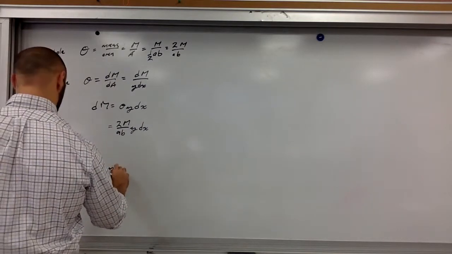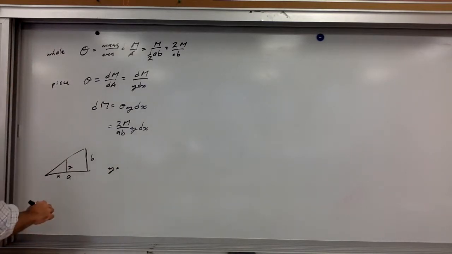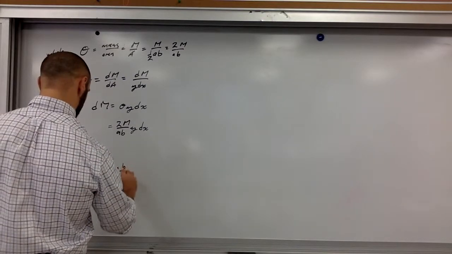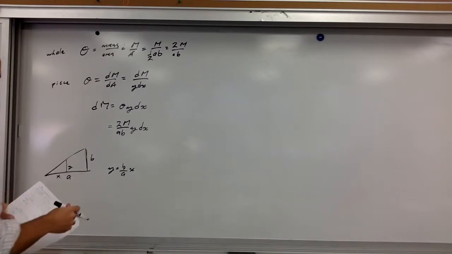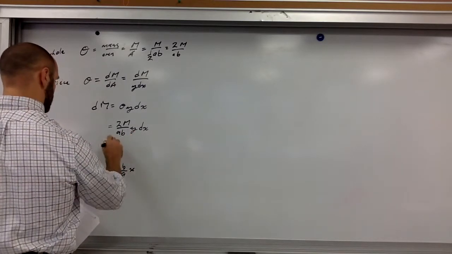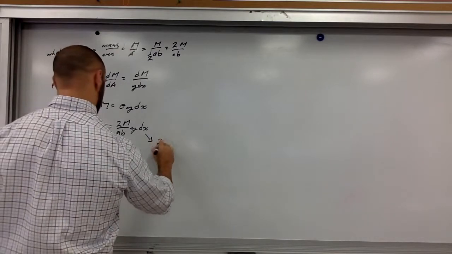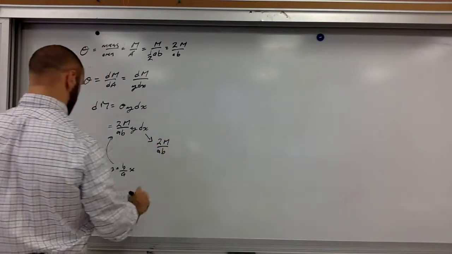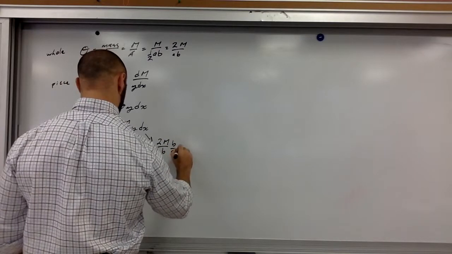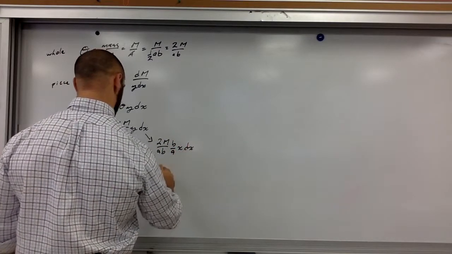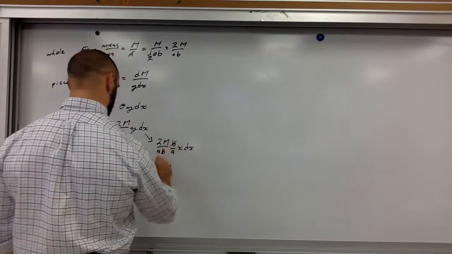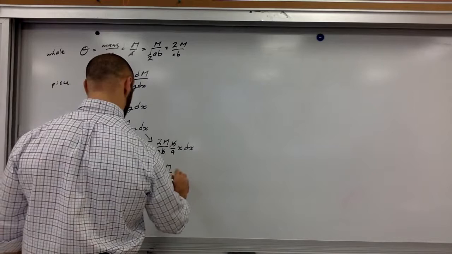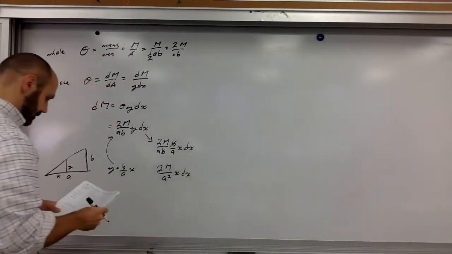So we'd have y over x is equal to b over a. So y is b over a times x, right? So then I plug that into here, and I get 2m over ab times b over a x dx. Simplify further, we get 2m, the b's cancel out, and I'm left with a squared on the bottom, a squared x dx.